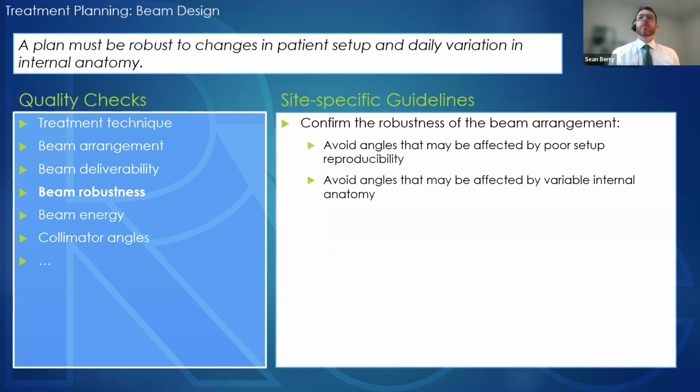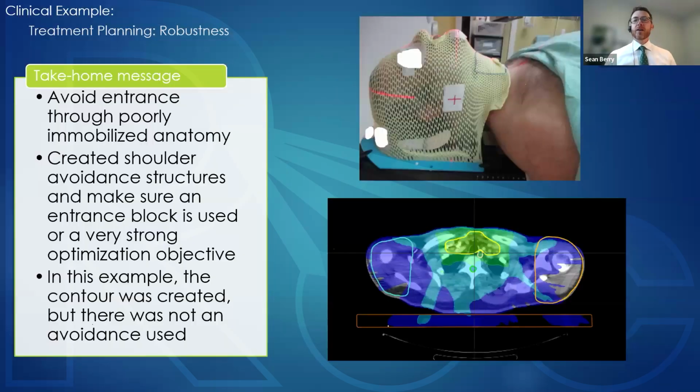And then about beam robustness. So we already talked about that example of the bladder where we had the bladder changing and the bowel moving in and out of the field, and we were trying to think to ourselves, is my plan still going to be applicable with that bowel there? Here's another example of external anatomy, like the shoulders.